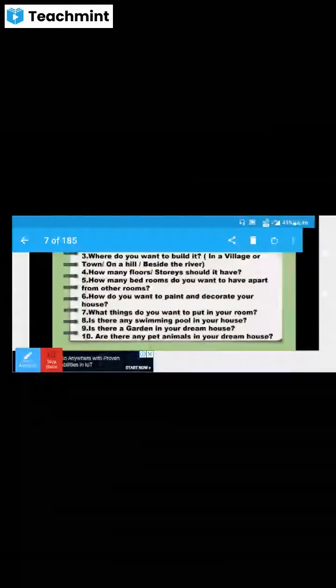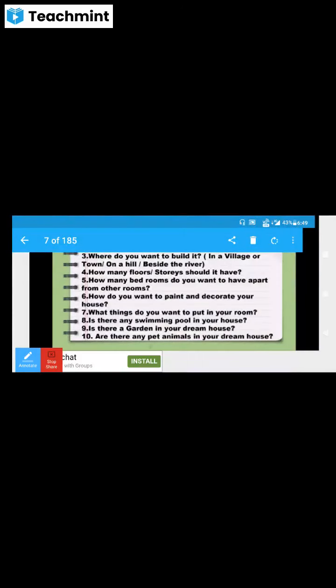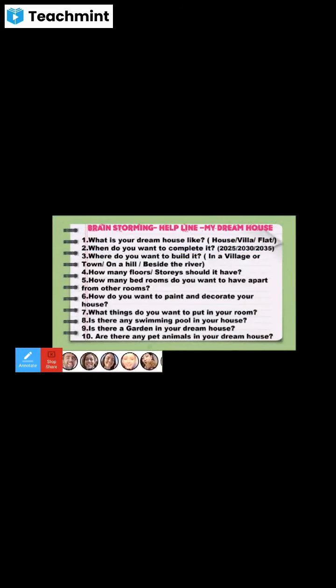What type of animals do you want in your house, like dog, hens, cat, rabbit, buffaloes?